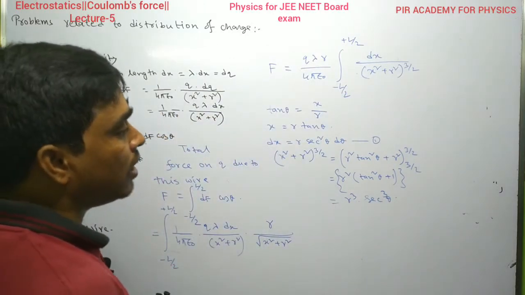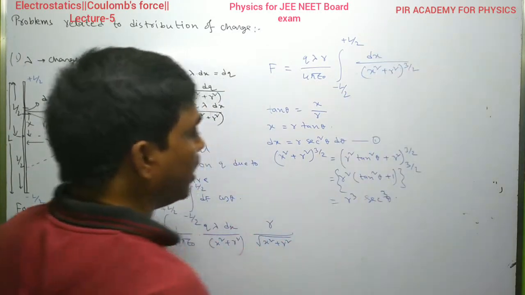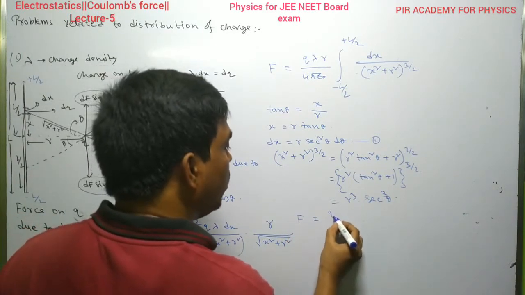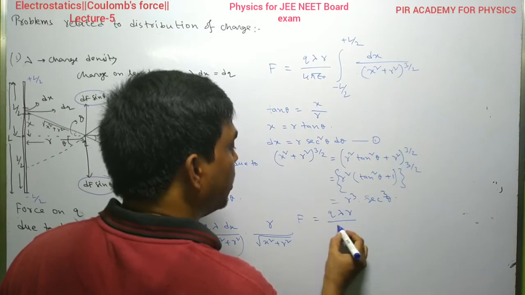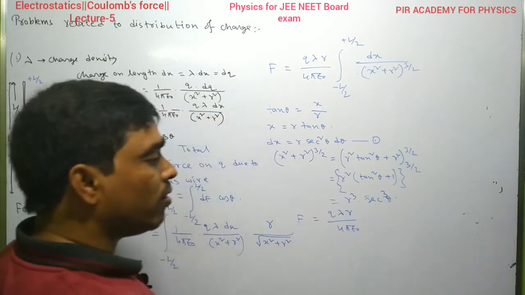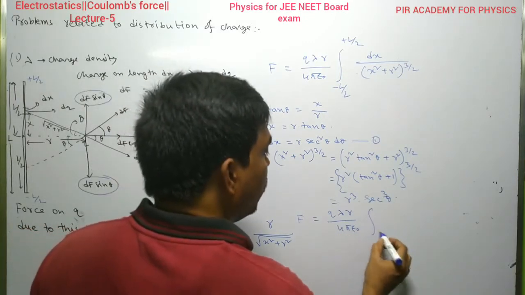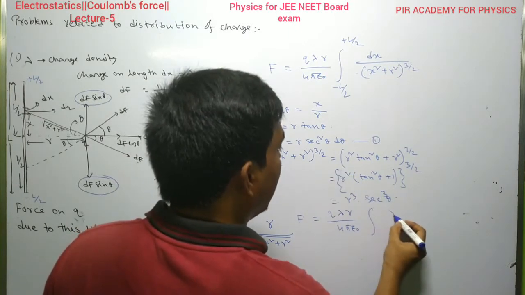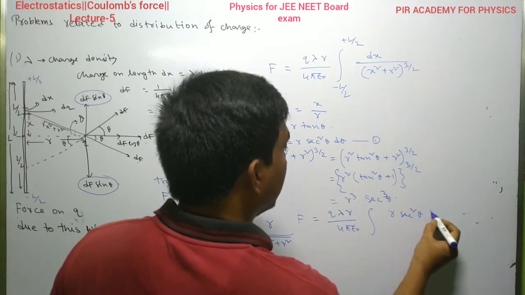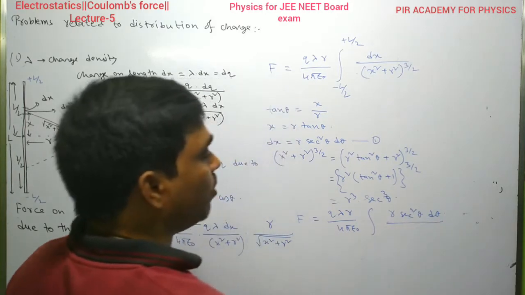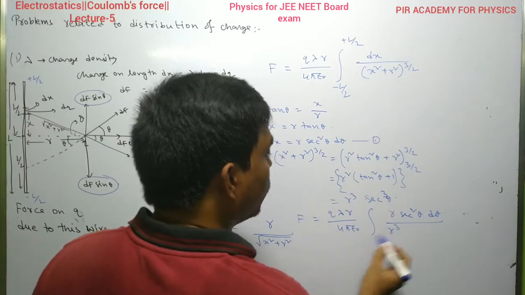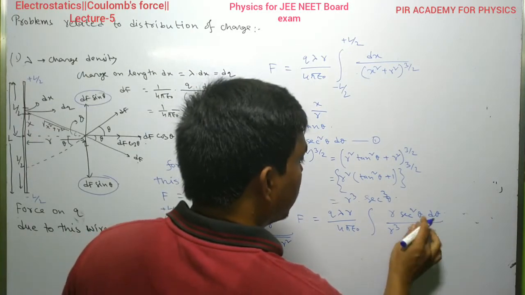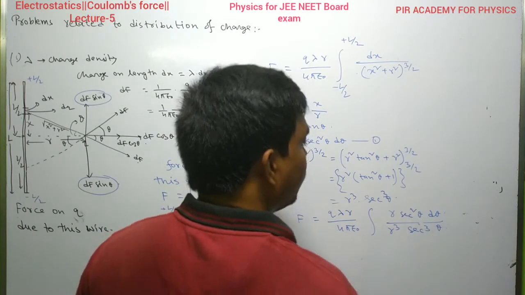If I put this value in this way, the total F will be q lambda r divided by 4 pi epsilon naught, and dx will be r sec square theta d theta, and here will be r cube sec cube theta.